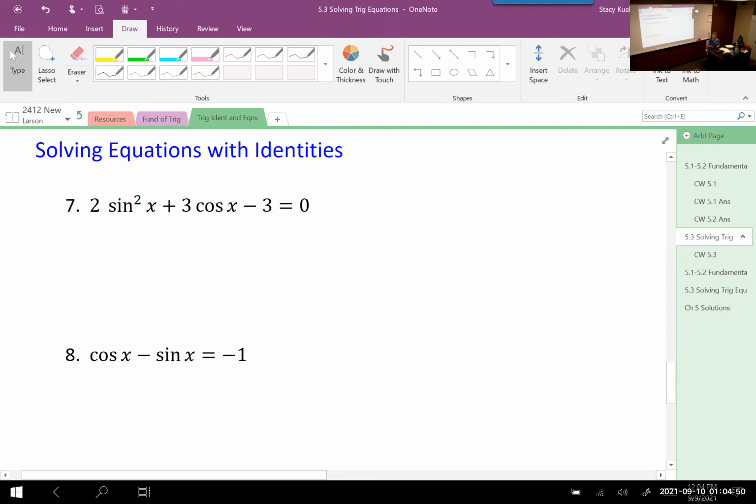That was our strategy before. So instead, we're going to say, okay, can I rewrite this so that it's all written in the same term? And I can. So in looking at sine squared, can I rewrite sine squared in terms of cosine?